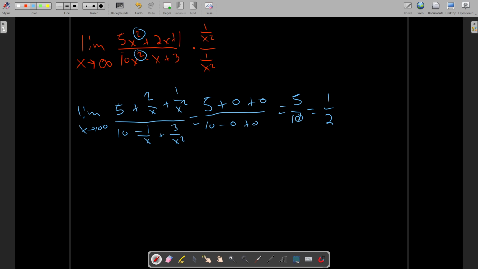So in this case, you can just say 5 over 10, which equals 1/2. And so it's the same answer, and that's kind of where horizontal asymptotes come from. And then the other rules also work the same way.